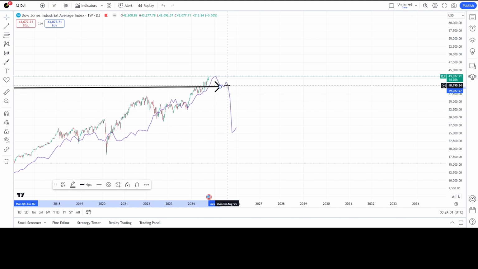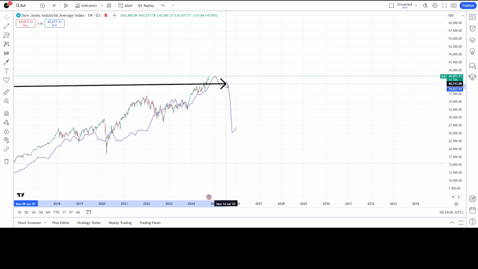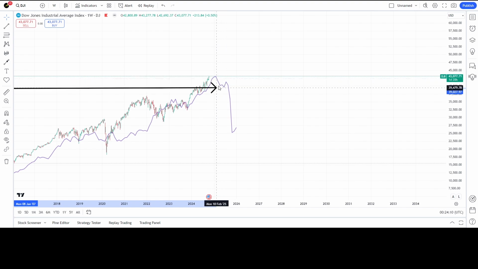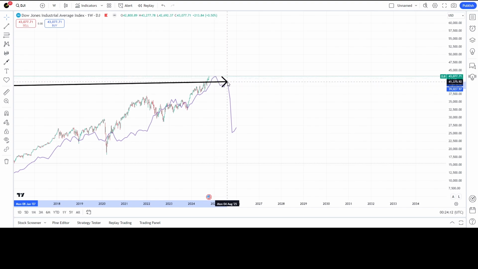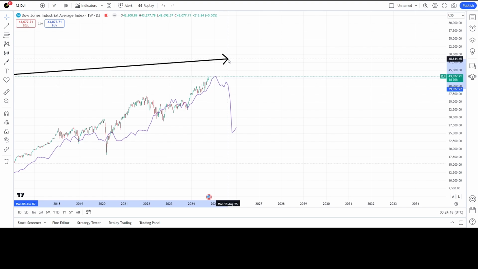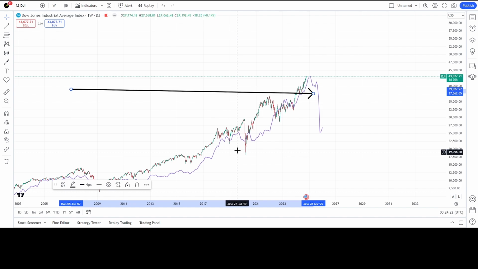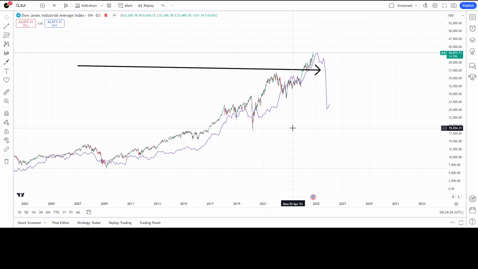Now, to play the devil's advocate here, a lot of times this move up right here is a kind of classic peak structure. This peak right here can sometimes be just like this. Other times it can go quite a bit higher than this one. So we need to be open to how this plays out, be flexible, because peaks are a really challenging part of a chart to predict.